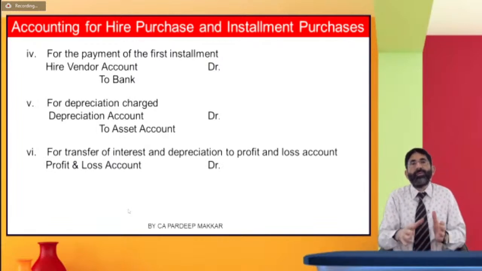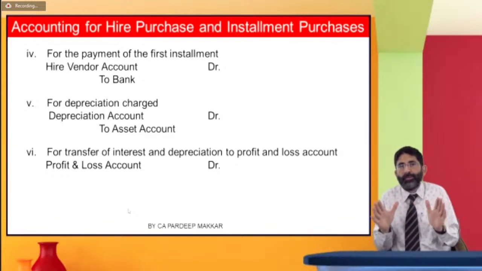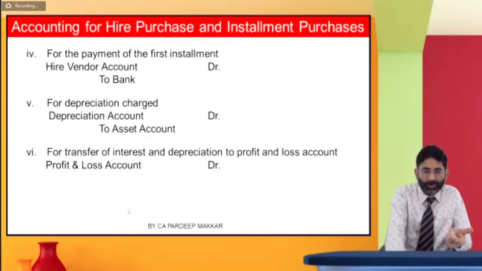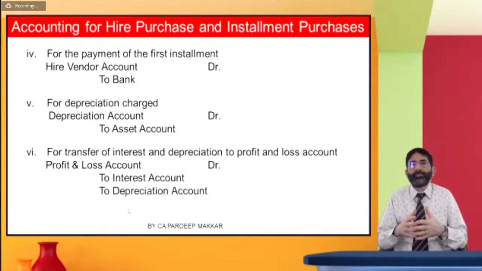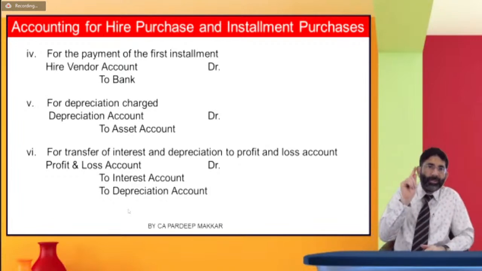Now, whatever is the total interest and depreciation for the full year will be transferred, that is, written off to the P&L account. So P&L account debit to interest and depreciation, beta. Very simple. Interest will be written off at the end of the year in one go in the P&L account. If we have paid monthly installments, then obviously there will be 12 entries of interest due and 12 entries of installment payment.